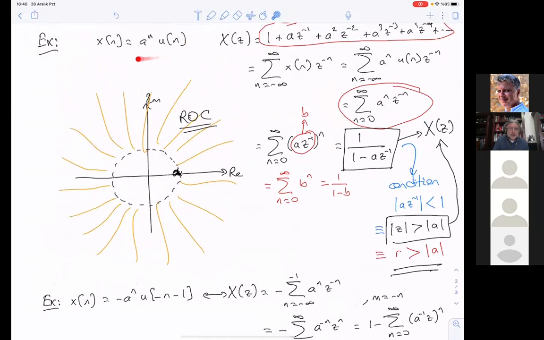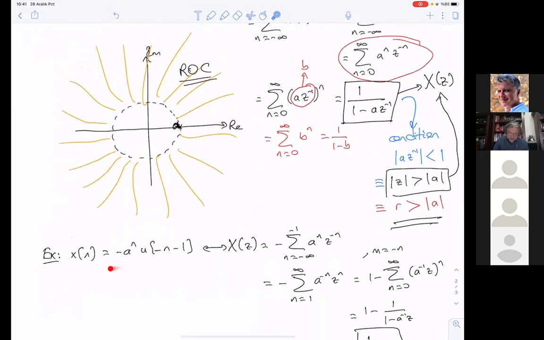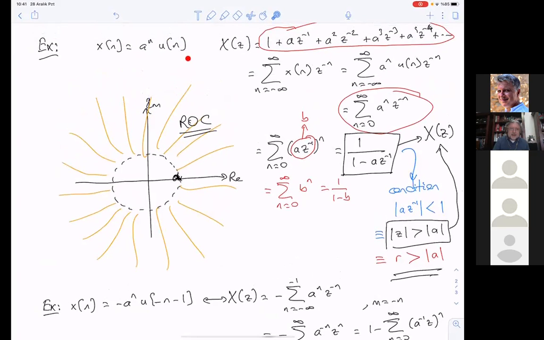Is it this one or this one? If the region of convergence is the radius greater than the magnitude of A, outside the circle defined by the pole, then it will correspond to this, because outside of a circle corresponds to right-sided signals.